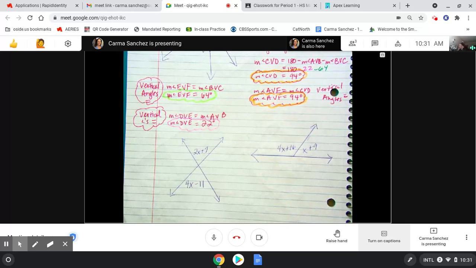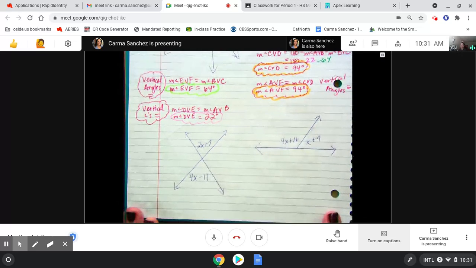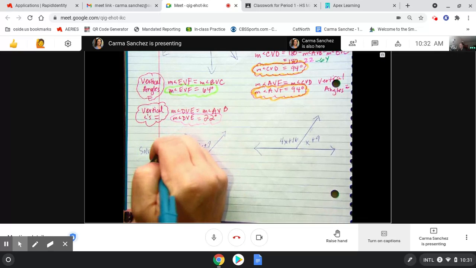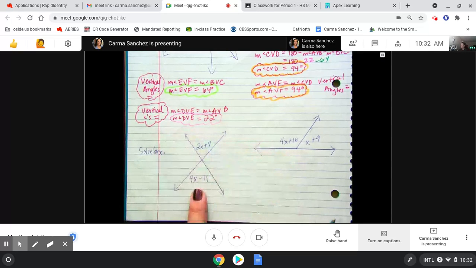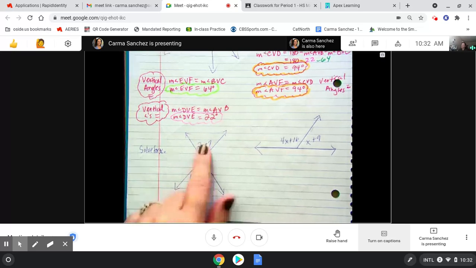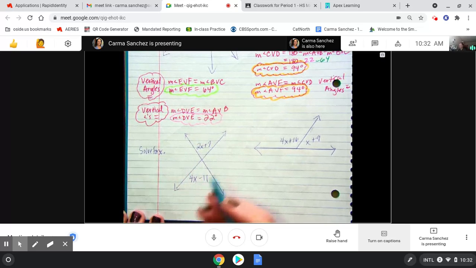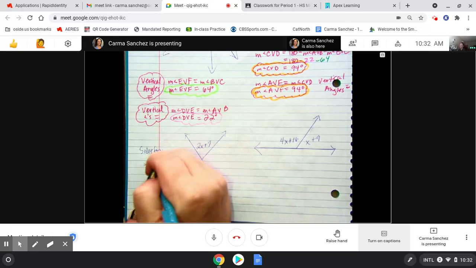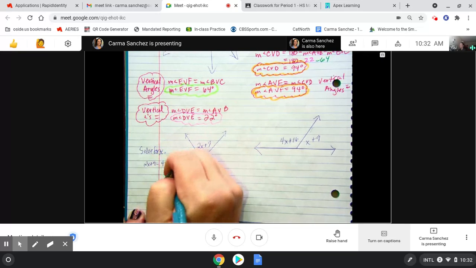Okay, if the direction just says to solve for x, we use the angle relationship of vertical angles are equal to just set these equal and solve. So here I go, 2x plus 7 equals 4x minus 11.